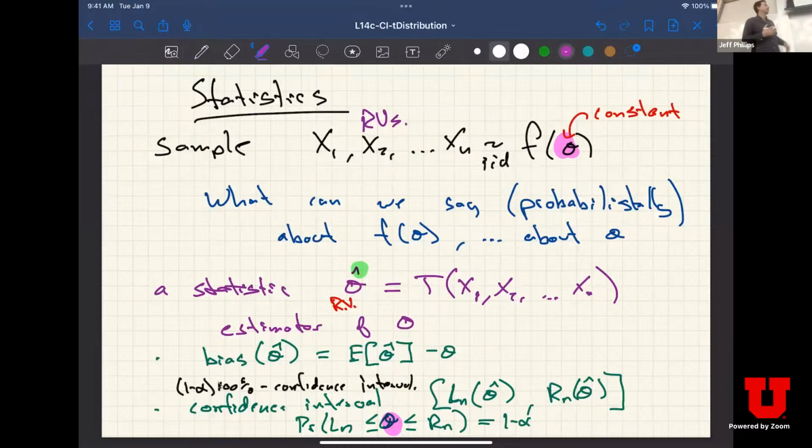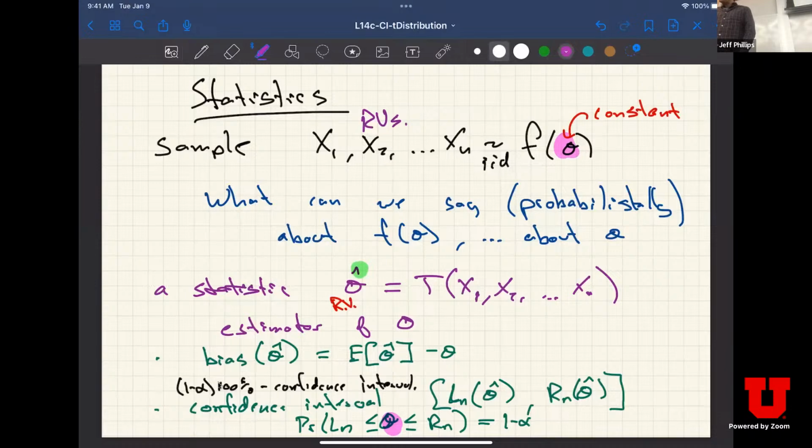We've only dealt with symmetric distributions so far here, and then with Ln and Rn you can look at the probability of being too far to the left or too far to the right. It's going to be symmetric, so we just need to worry about one. The other one is the symmetric version of that. But there are other cases where it's not symmetric and you have to worry about these jointly, and that can be more complicated.